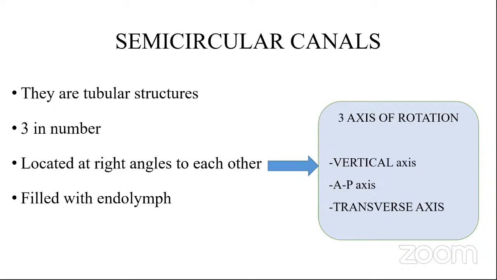Outside the semicircular canals, there is perilymph. Inside the semicircular canal, it is filled with endolymph.